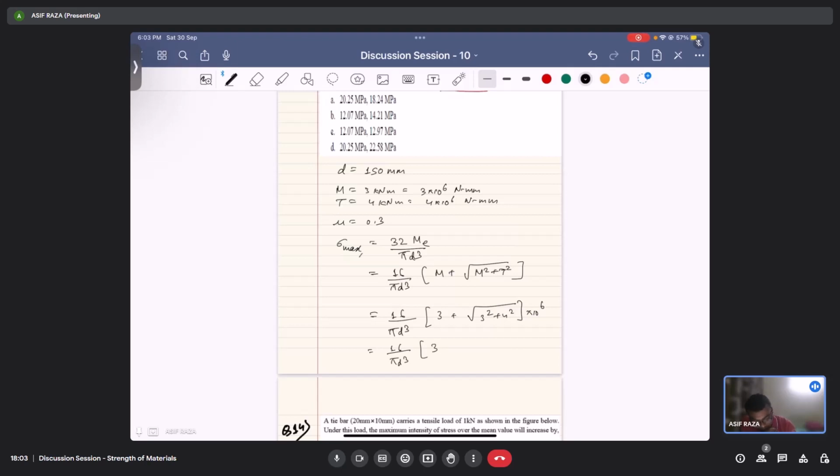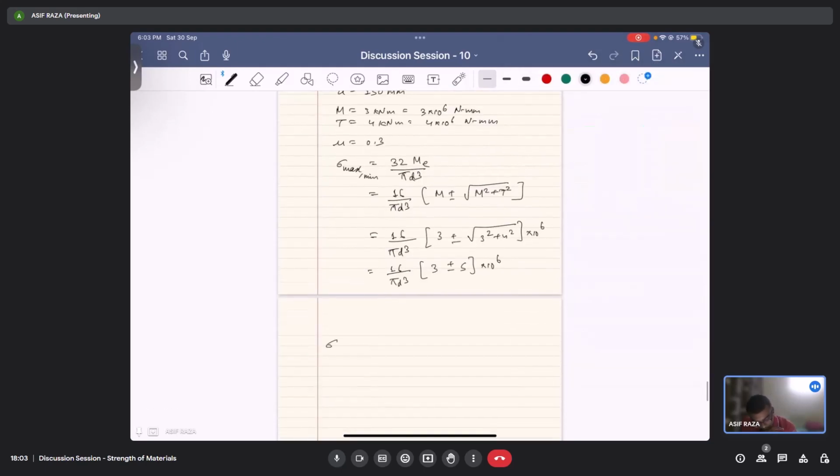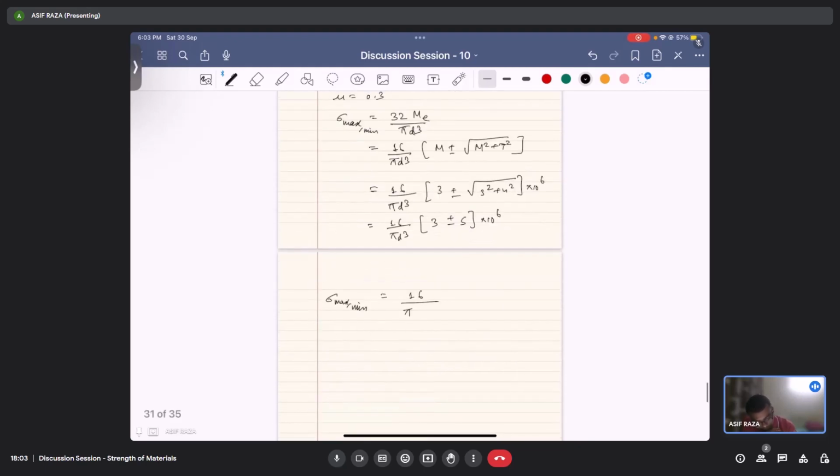Okay, so if I write max upon min, this will be like this, plus minus, this would be 5 into 10 power 6. Let's solve this. So sigma max is 16 by pi d, d is 150.